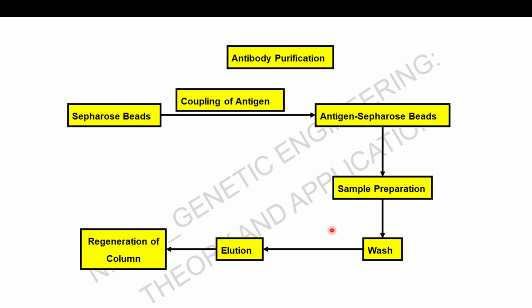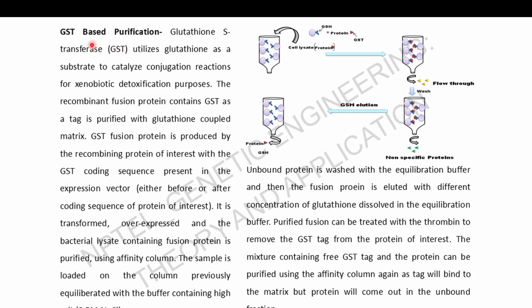Antibodies are proteins basically. So GST based purification, this is an enzyme substrate affinity taking place. Glutathione S transferase GST utilizes glutathione as a substrate to catalyze conjugation reactions. Okay. So here you apply cell lysate.